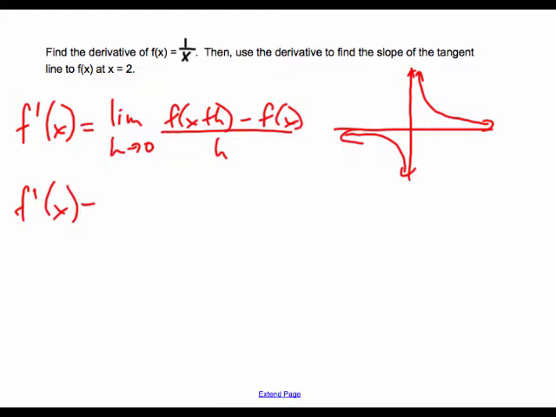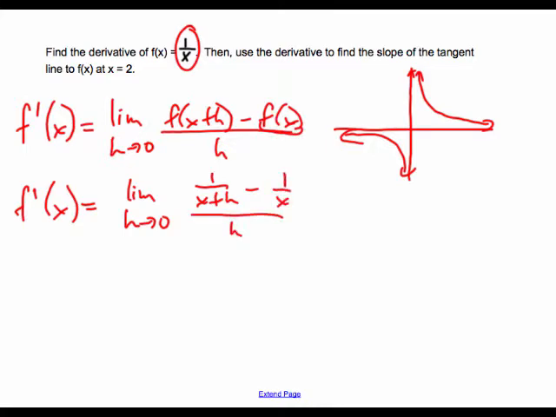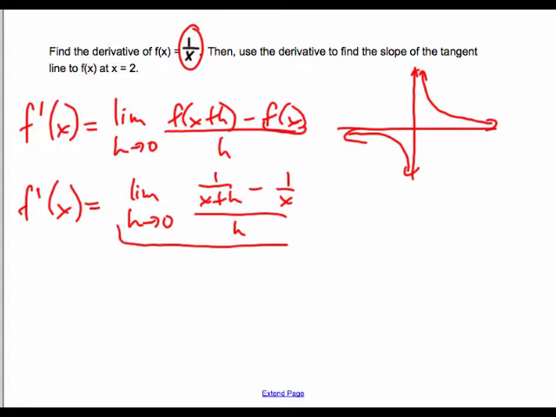Alright, so I now need to apply the specific function to this. F of x plus h will be 1 over x plus h minus f of x, 1 over x, all over h. This formula is going to simplify to a formula that will allow us to find the slope of the tangent line at any point. So we need to simplify.